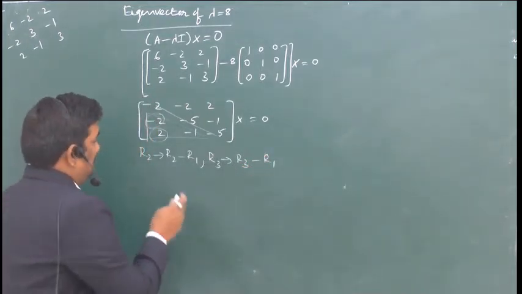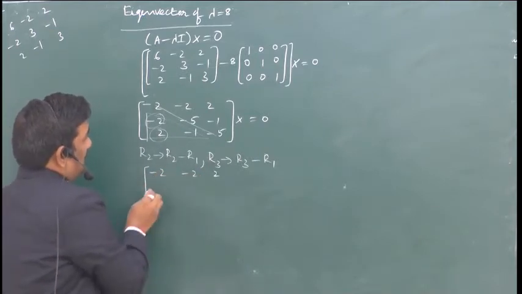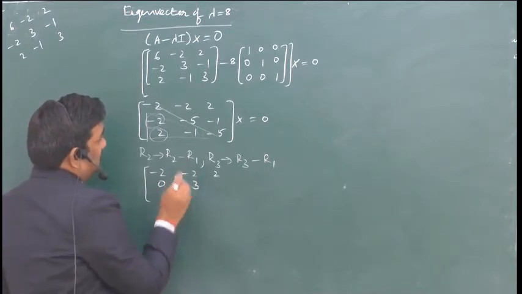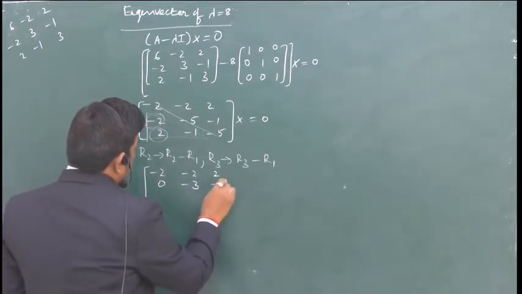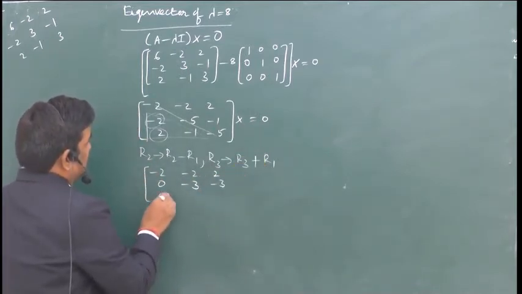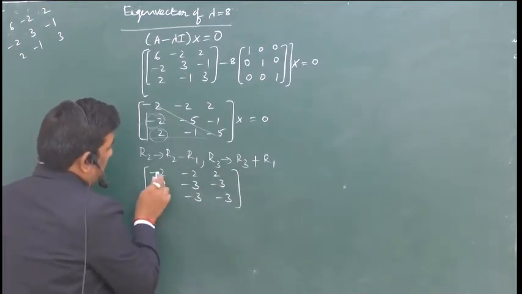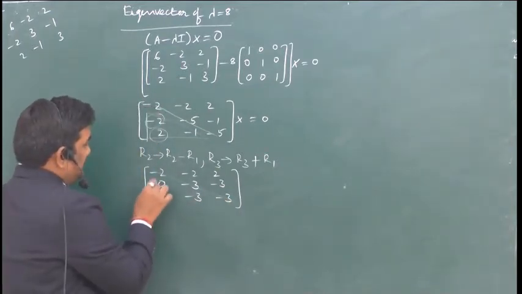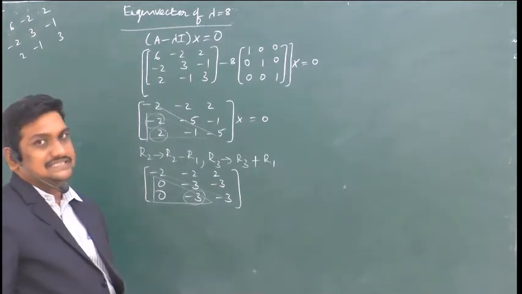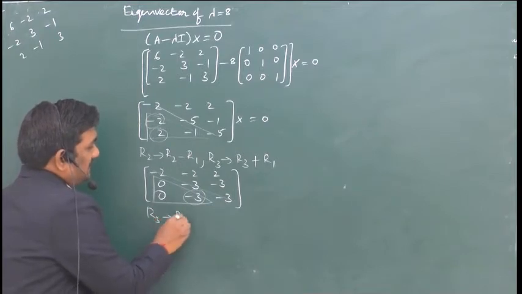After applying these two row operations, it will be minus 2, minus 2, 2, then 0, minus 3, minus 3, and after adding R3 plus R1, 0, minus 3, minus 3. Now this is the possible diagonal, and you need to make the elements below the diagonal 0. Still you need to make minus 3 as 0. Now apply the operation R3 to R3 minus R2.